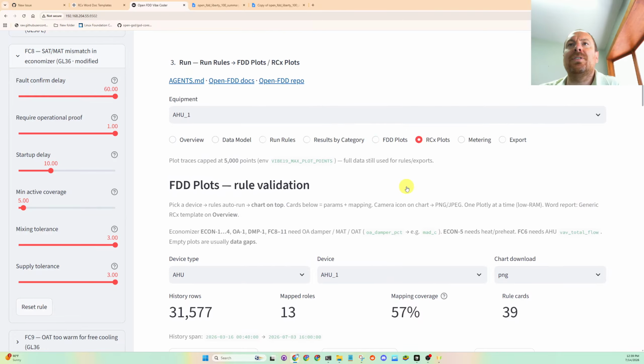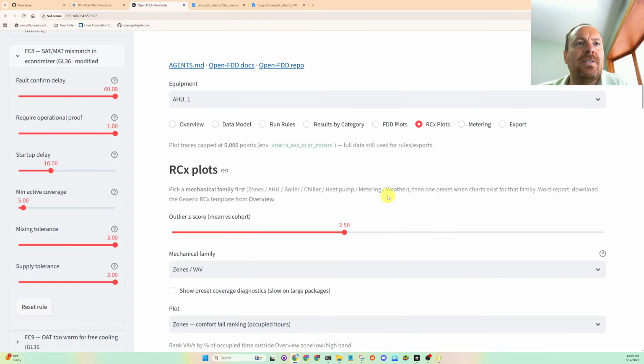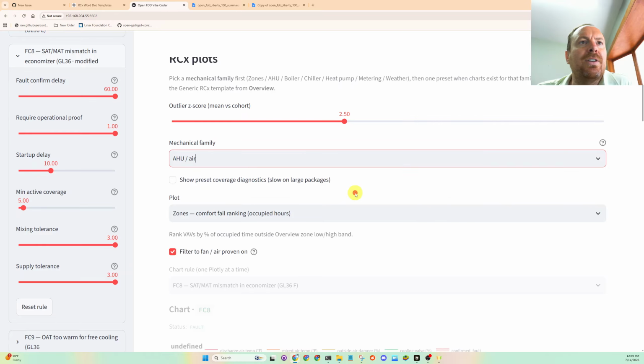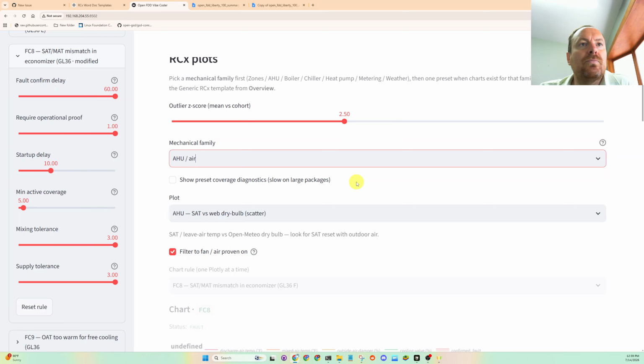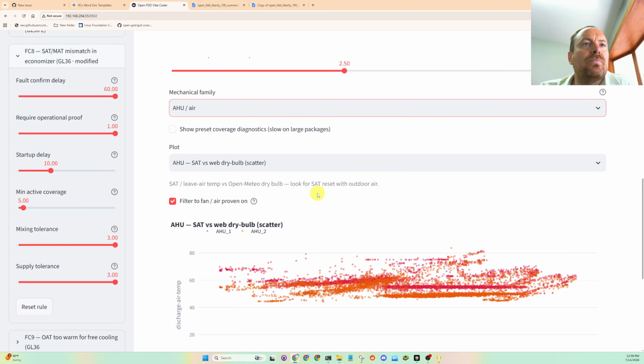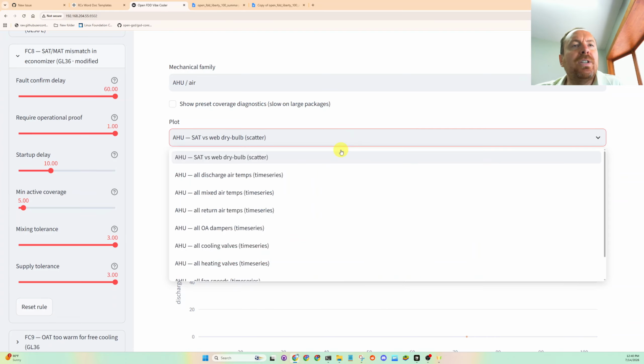So I might just go into RCX plots. This is a very generic way of plotting data. Let's just go back into air handling units. Okay, so we can look at supplier temp, air handling unit supplier temp. Supplier temp versus, I gotta fix that.